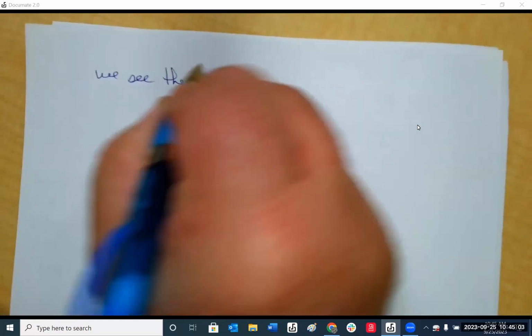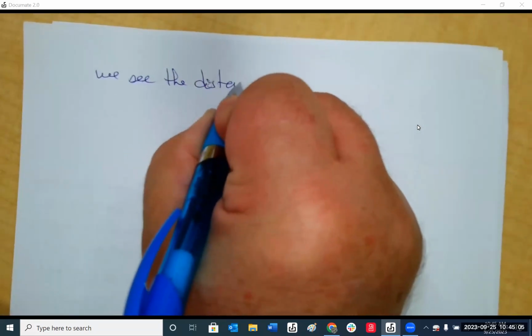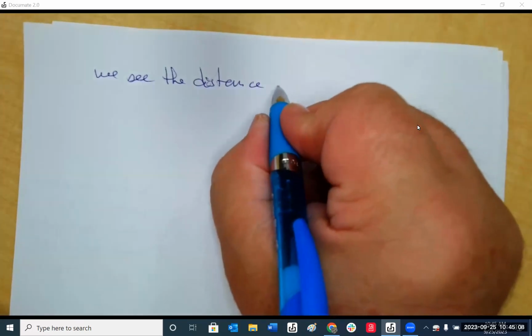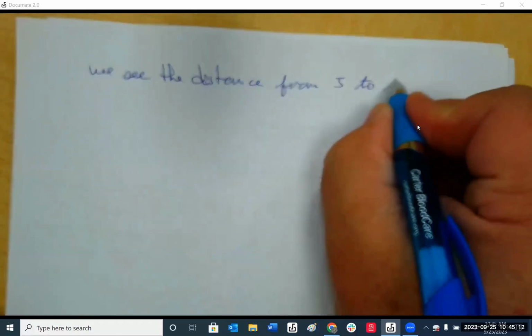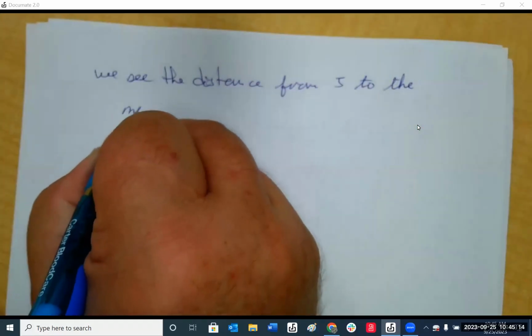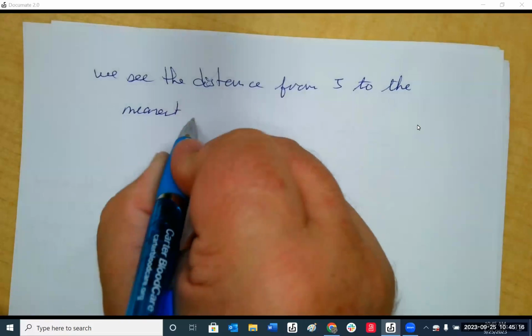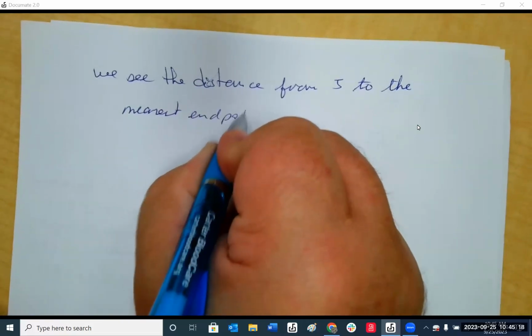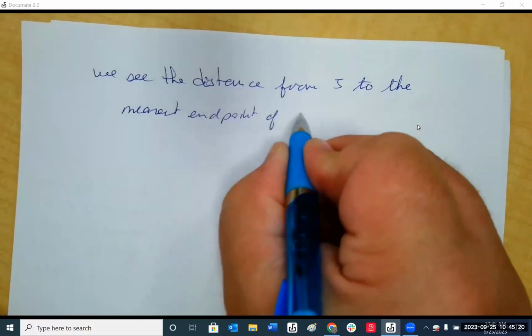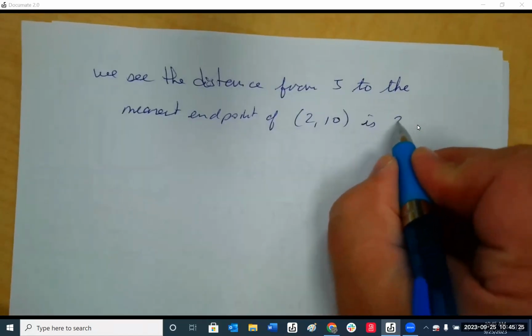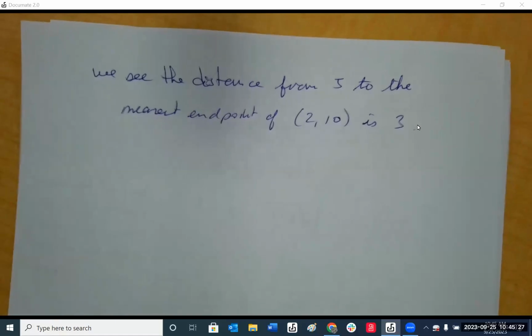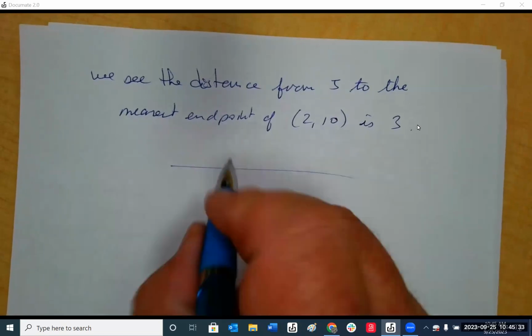We see the distance from 5 to the nearest endpoint of our interval (2, 10) is 3.